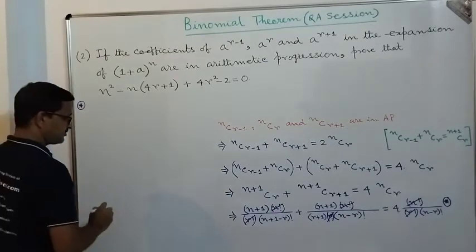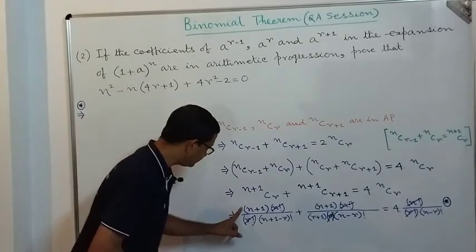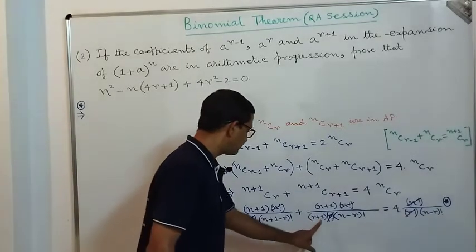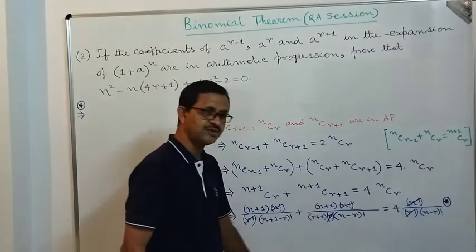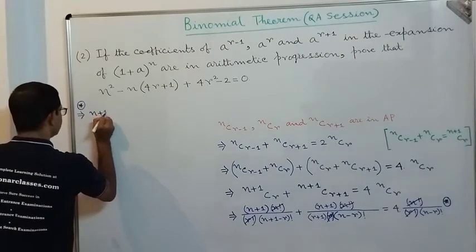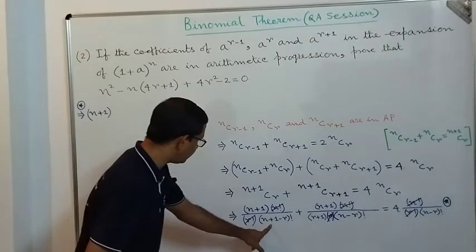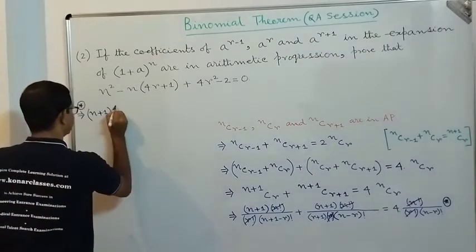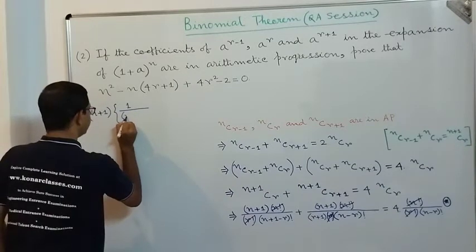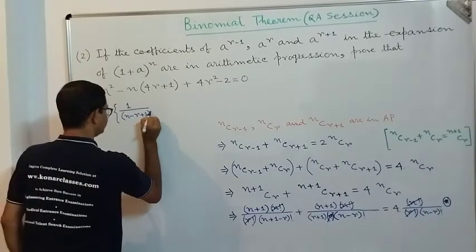So what we get, dear students? Now we see that n plus 1 is in the numerator in the first expression of the left hand side, and in the second expression of the left hand side also n plus 1 is there in the numerator. So we can take n plus 1 common. If we take n plus 1 common, then what are we left with, dear students? We get 1 by n plus 1 minus r factorial, plus 1 by n minus r plus 1 factorial.